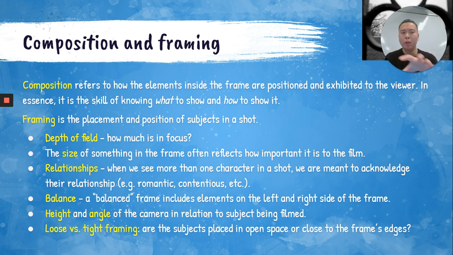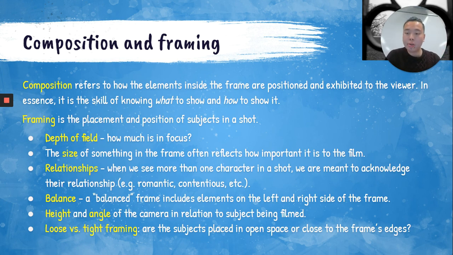And what do they deliberately leave out of a frame? And how do they do it? Whereas framing is simply the placement and positioning of subjects. It doesn't quite cover as much detail as composition does. So composition can be thought of as framing, but also considering what to show and how to show it. So it's a bit more of a detailed definition than framing.